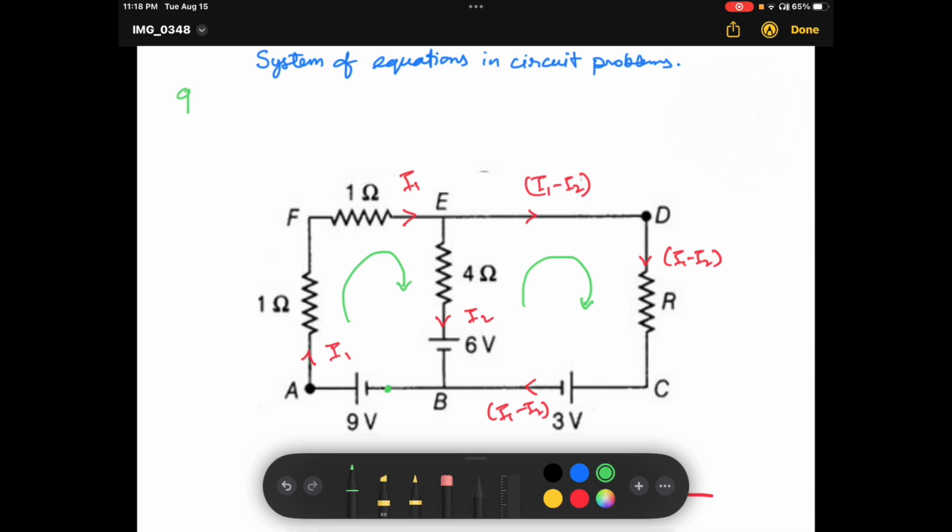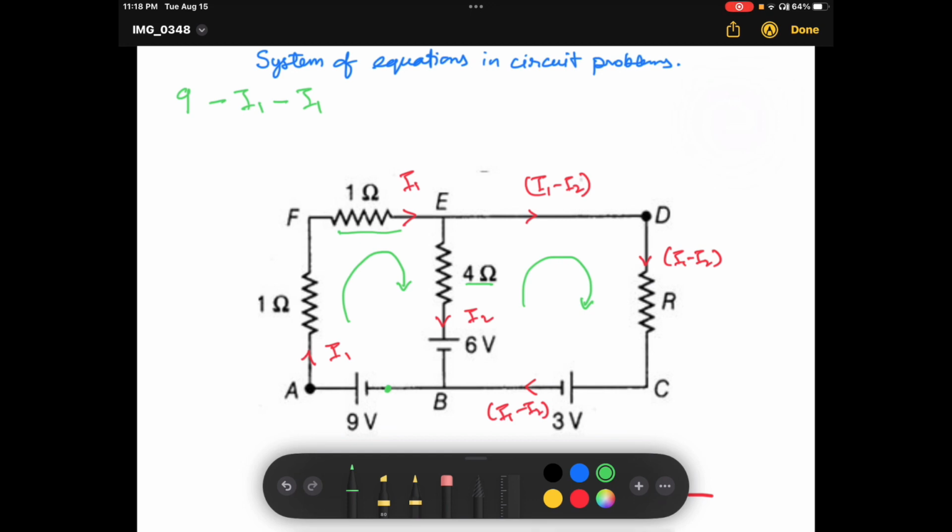Then, as it goes, a current of I1 goes over the resistance of 1 ohm. There is a drop in voltage which is equal to the current times the resistance, so 9 minus I1. And then as it goes over this second resistor, another I1, and then over the 4 ohm resistor. Now notice that in this branch of the loop, the current is actually I2 and not I1.